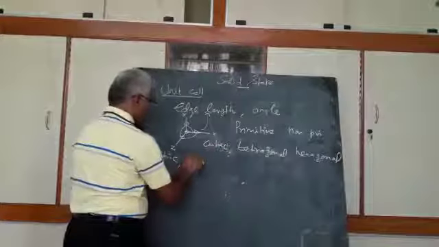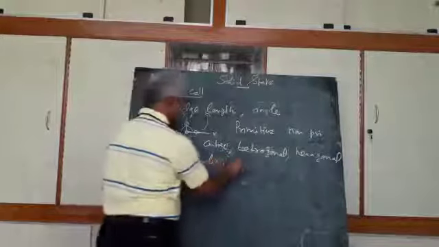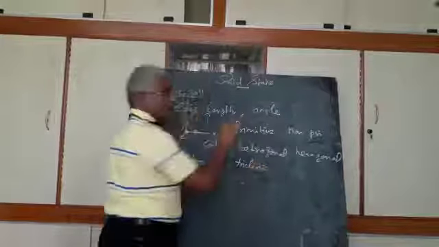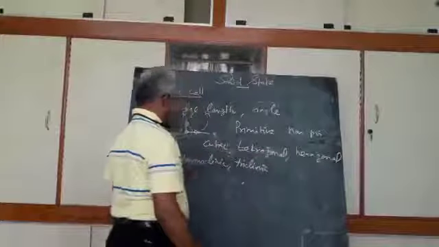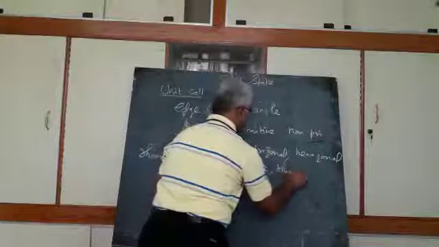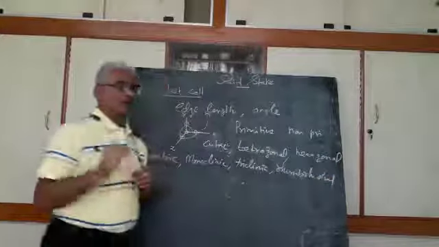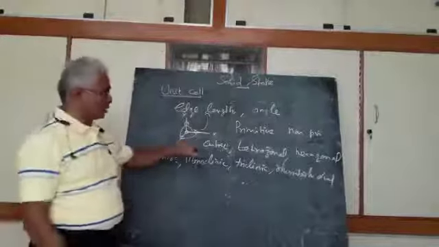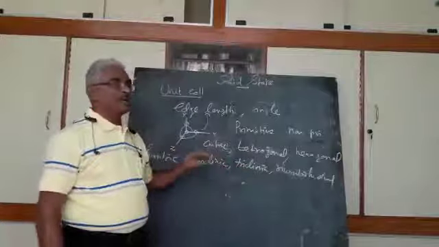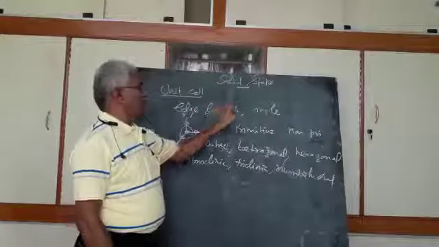Next is monoclinic. Next is triclinic. The last is rhombohedral. Anyway, these 7 primitive unit cells differ in the edge length and in the angle.